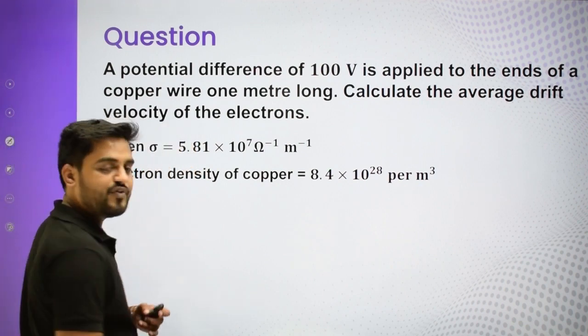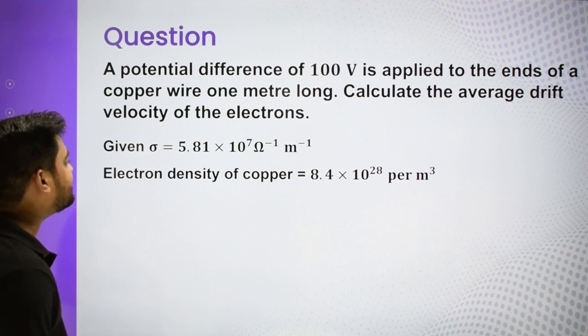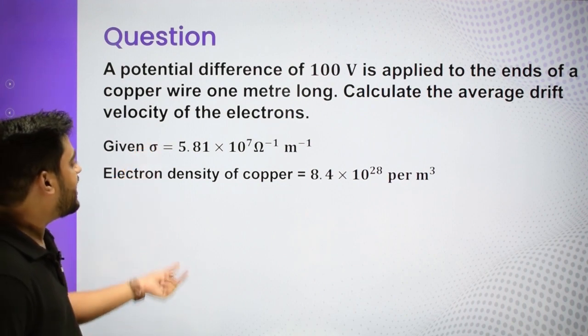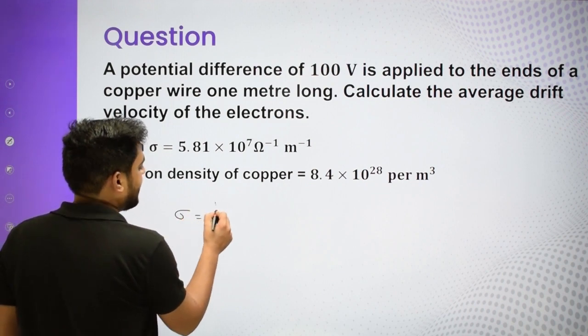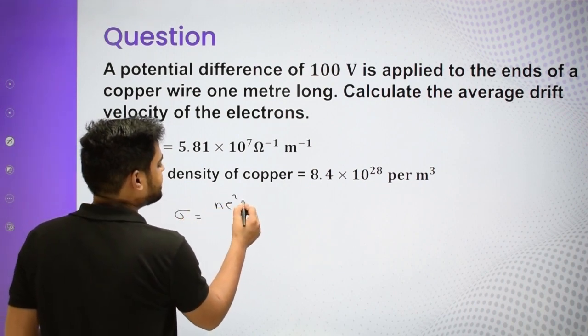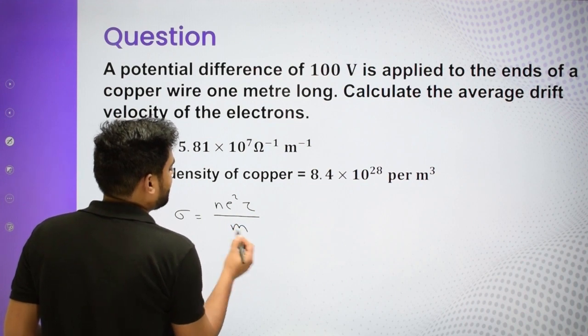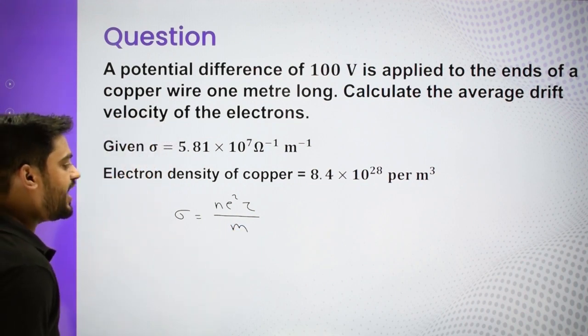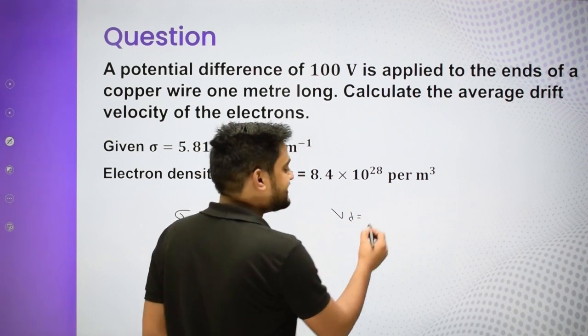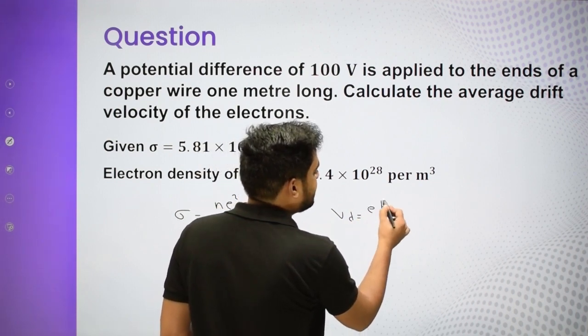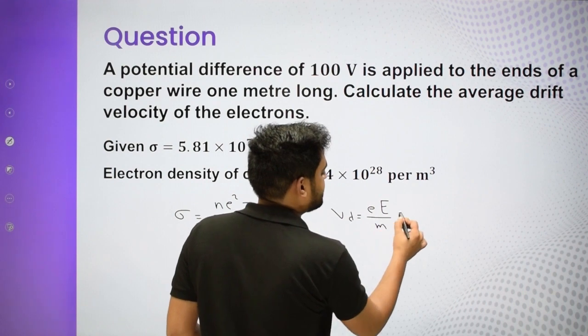So here we have to get the drift velocity. Before we get the drift velocity, let us write a relationship between sigma and the number density and all these parameters. So sigma is basically nothing but n e squared tau by m. This is what our sigma is, right? And my drift velocity, what is the formula for drift velocity? The drift velocity is basically E, capital E, by m times tau.